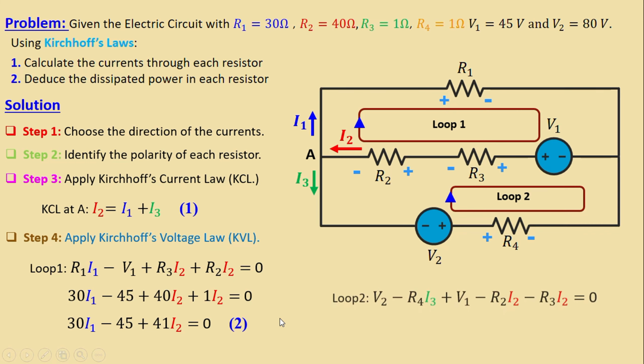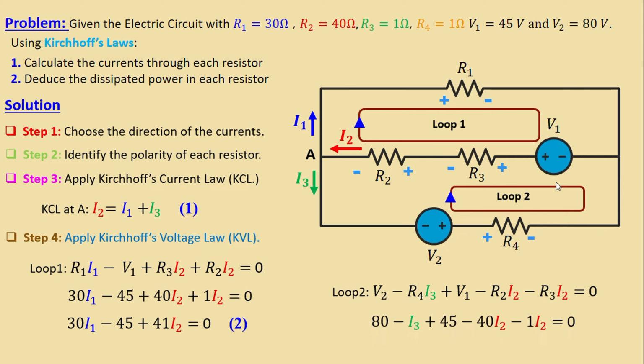We go now to loop 2. We can write V2 minus R2 I2 minus R3 I2 minus R4 I3 plus V1 is equal to 0.